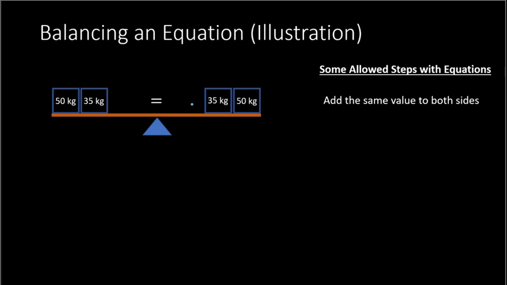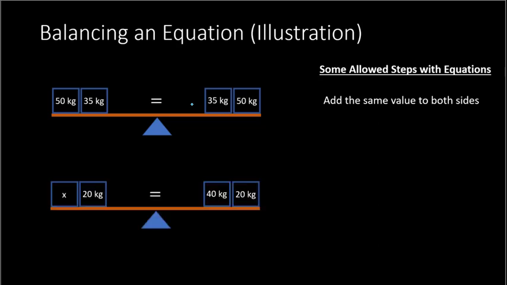Another thing we can do is illustrated in this next picture. Let's say we have some unknown weight and 20 kilograms on the left side, and then 40 kilograms and 20 kilograms on the right side. To keep this balanced, let's say we took off the 20 kilogram weight on the left side. We'd also have to take off 20 kilograms on the right side.